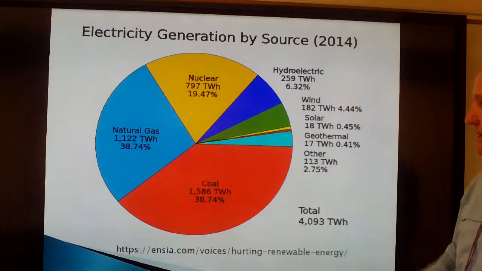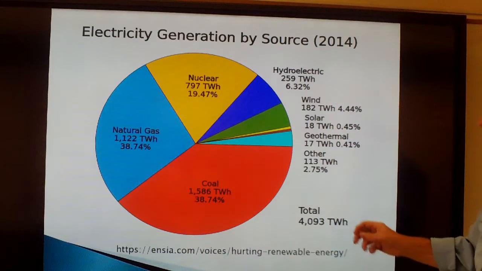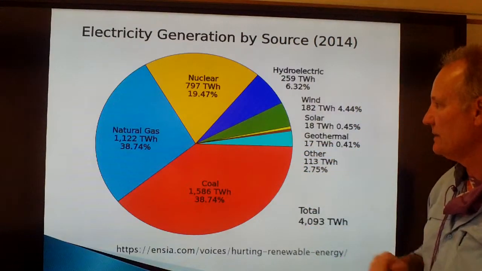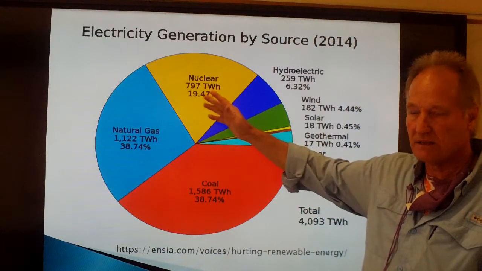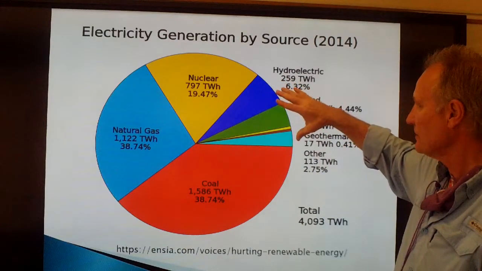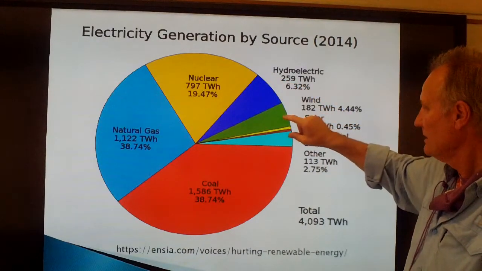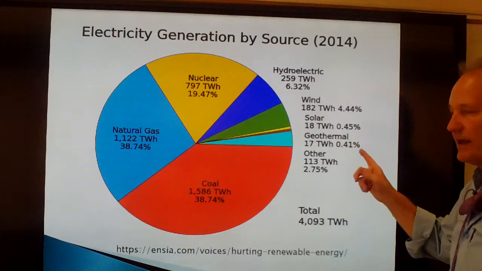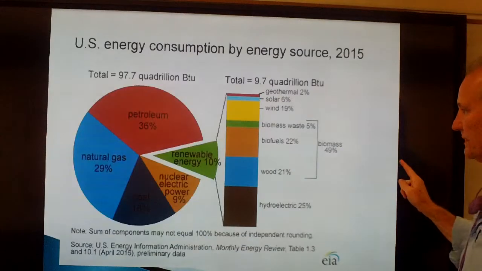Okay, this was in 2014. Natural gas has taken over a little bit of the coal since that time. Nuclear hasn't expanded much. Hydroelectric hasn't expanded much. But wind and solar have expanded some. Geothermal hasn't really caught on very much.